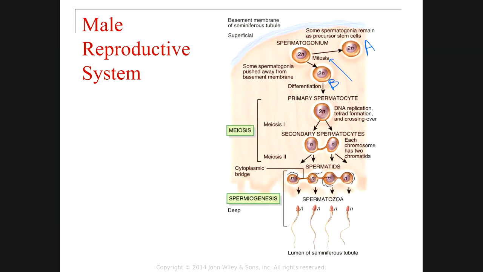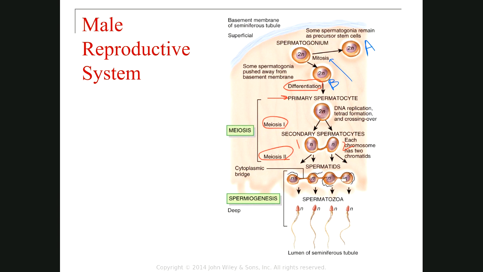When we have our primary spermatocyte, meiosis takes place. In the first step of meiosis, the primary spermatocyte makes two secondary spermatocytes. And in meiosis 2, each of these secondary spermatocytes makes 2 spermatids, and as a result, we have 4 spermatids here.